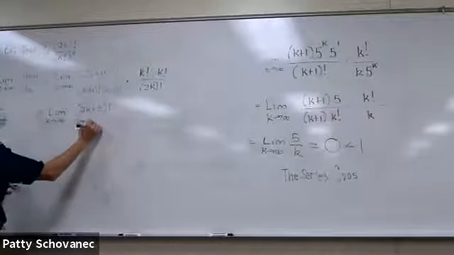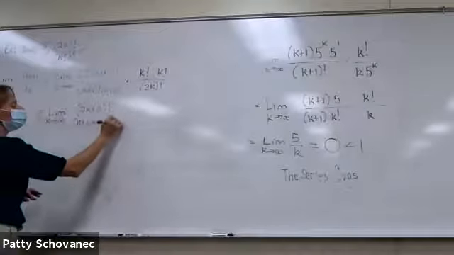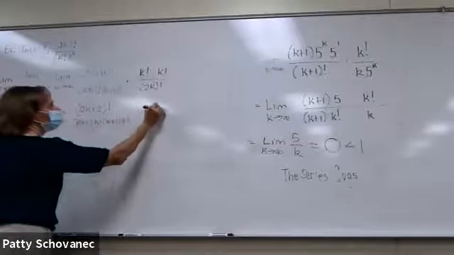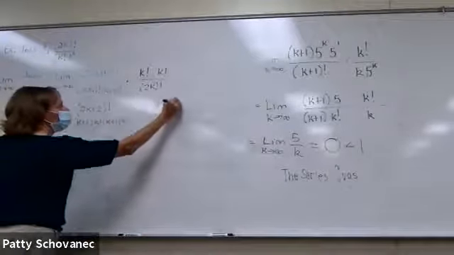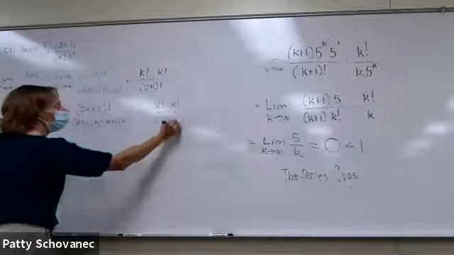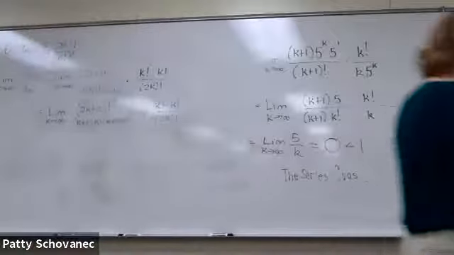So that's k plus 1 times k factorial, and so is that one. So that allows me to cancel those k factorials, top and bottom.